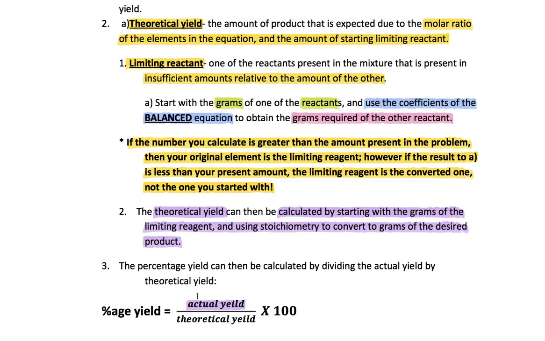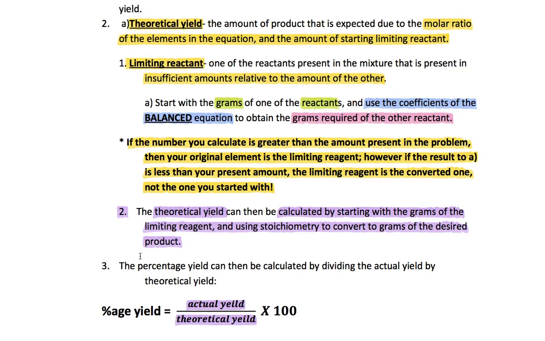That'll be given to you in the problem usually. We just calculated your theoretical yield when we did the stoichiometry over here in step 2. If you divide the two and multiply by 100, you get percentage yield.